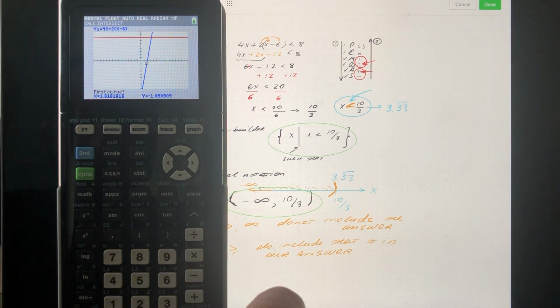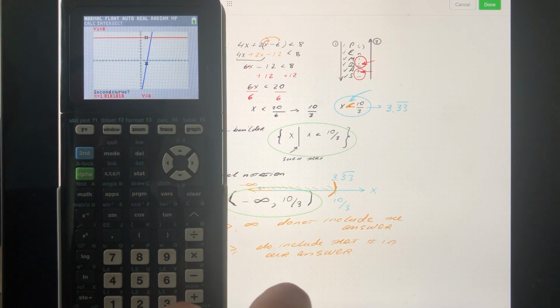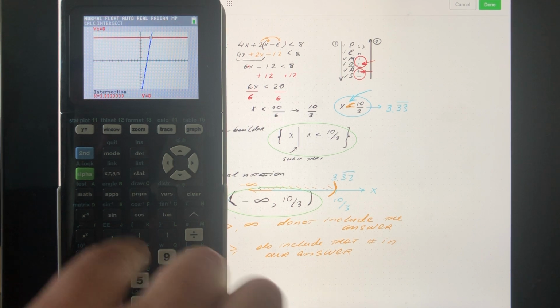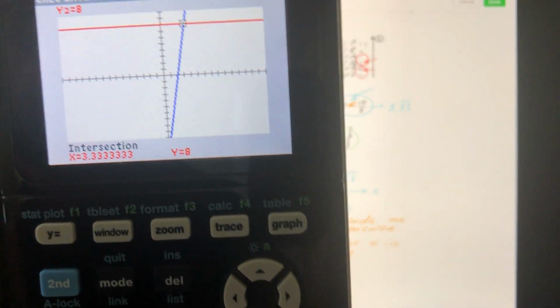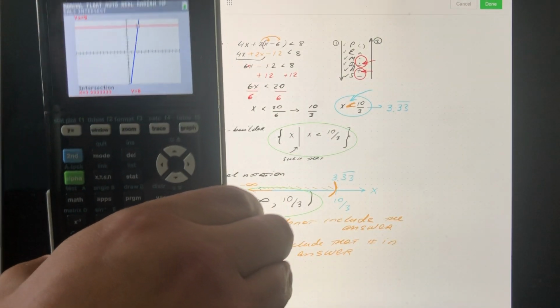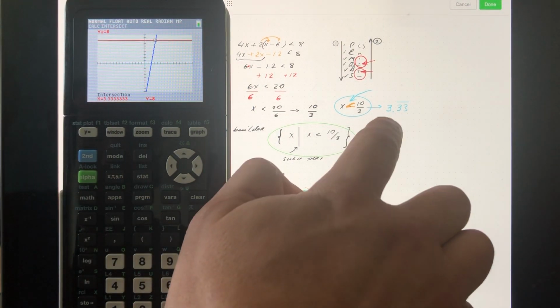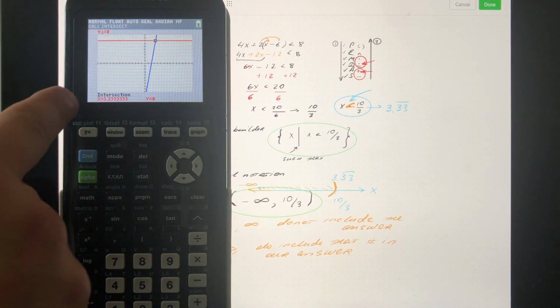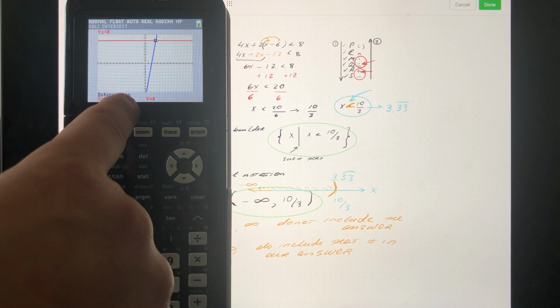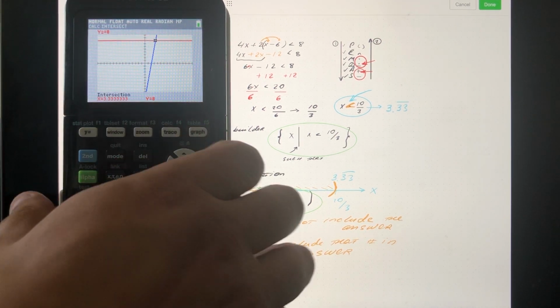Am I on the first curve? Enter confirms it. Did I jump to the second? Enter confirms it. Yes. So the answer is 3.333, the same decimal, 3.33, that we obtained by hand. So this way we can visually see that before 3.33 we have the answer.